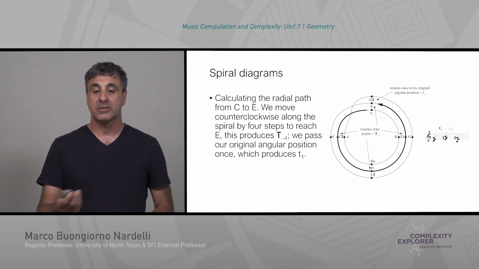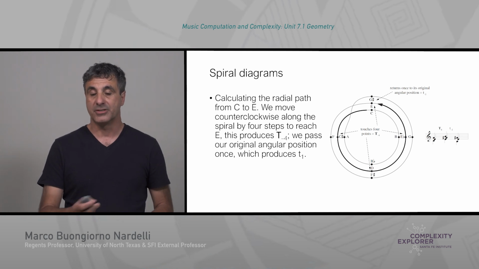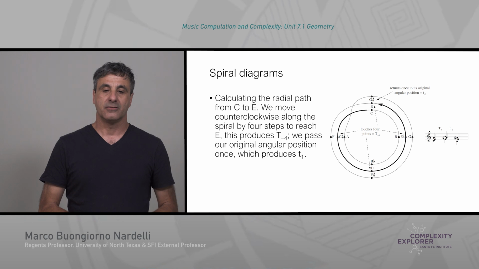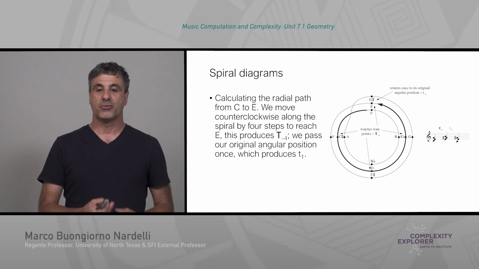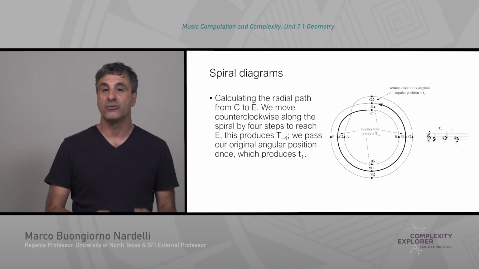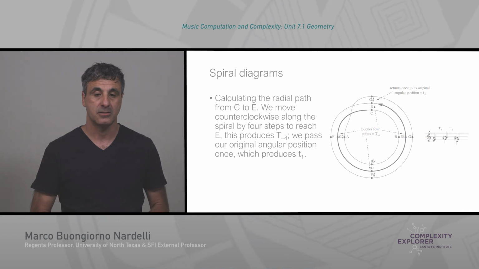And on the right, I have the result of this trajectory that indeed you can verify, even just by looking at it, corresponds to the most efficient voice leading, so the most efficient way of going from that chord to the next, so from C major to E major in this case.